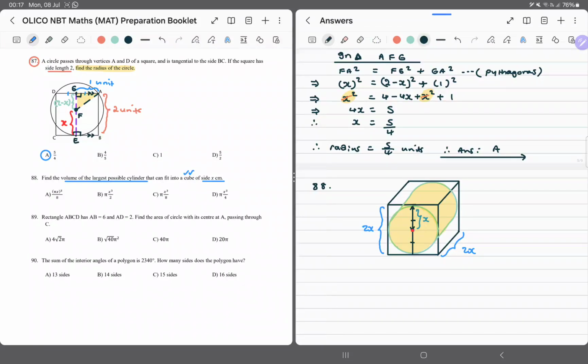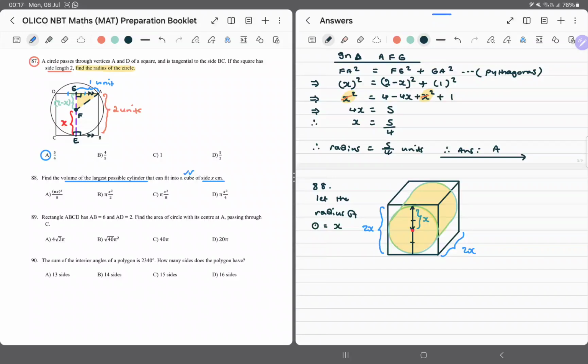So it's very easy. So we can just say here, let the radius of circle equals x.